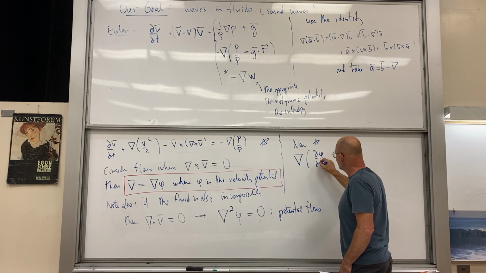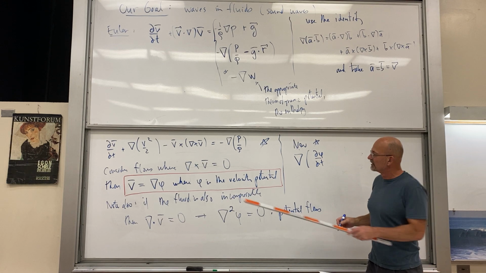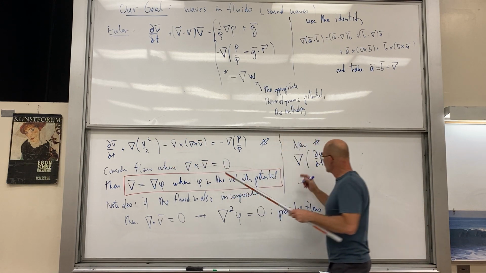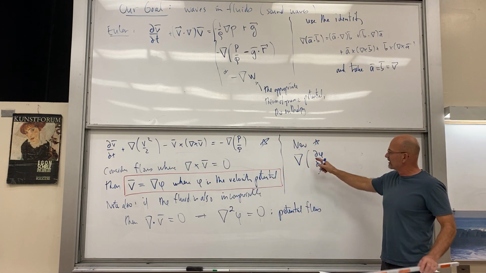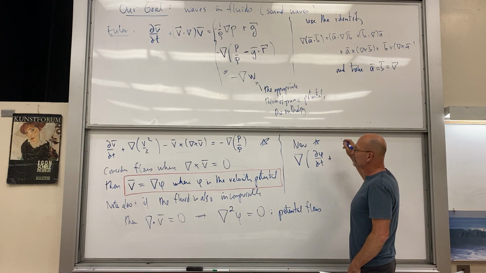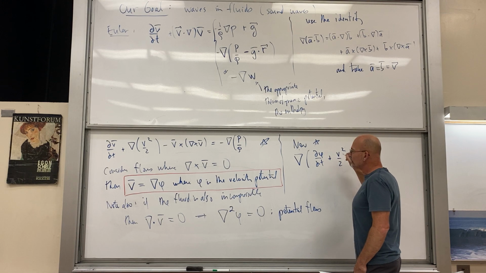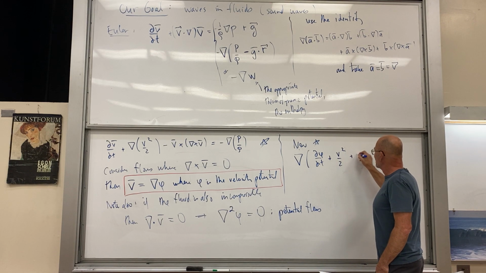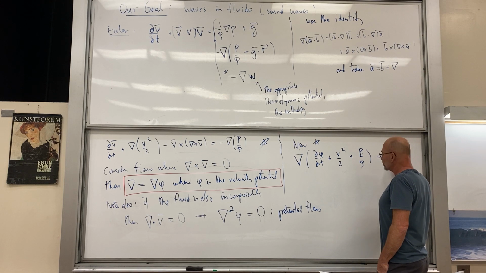See what I did? V is the gradient of phi, and I just switched the order of the differentiation, plus V squared over 2 plus P over rho is equal to 0.